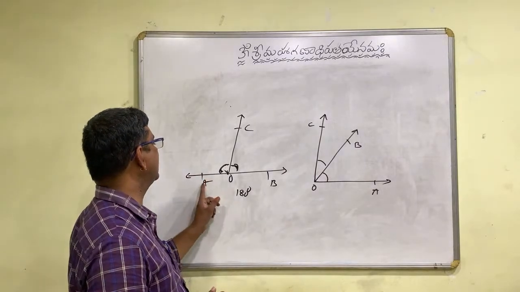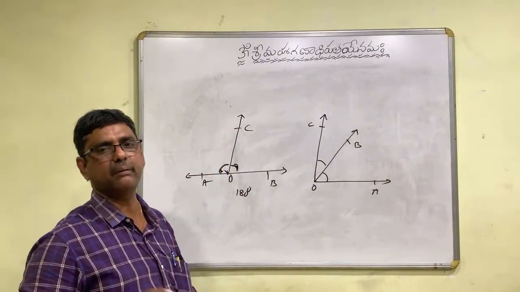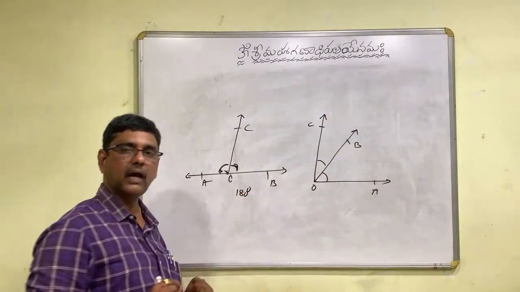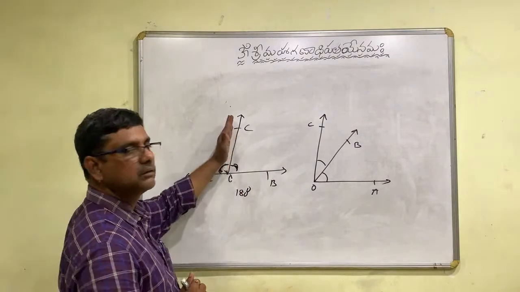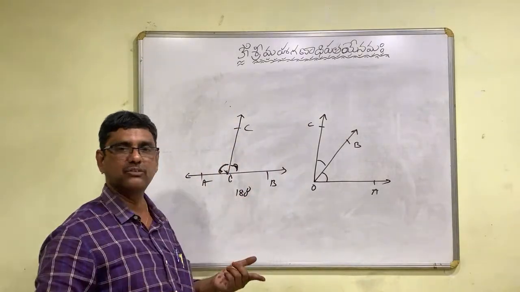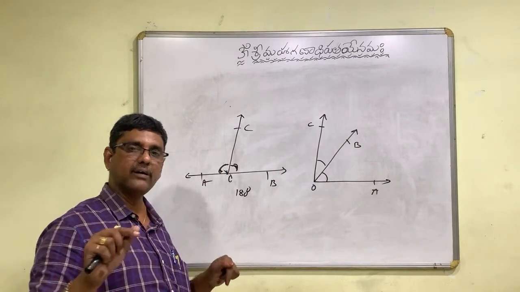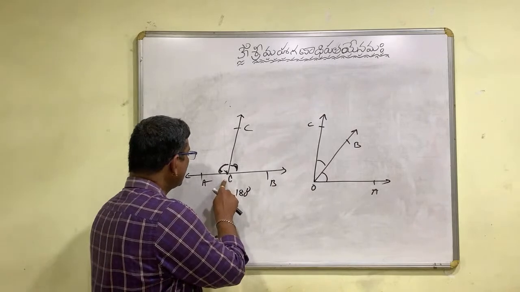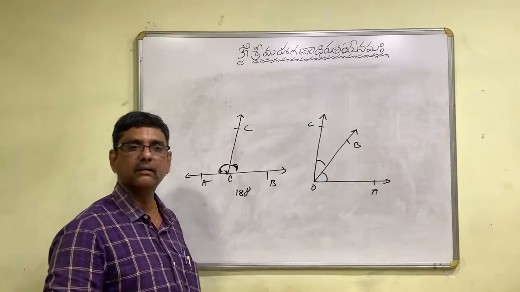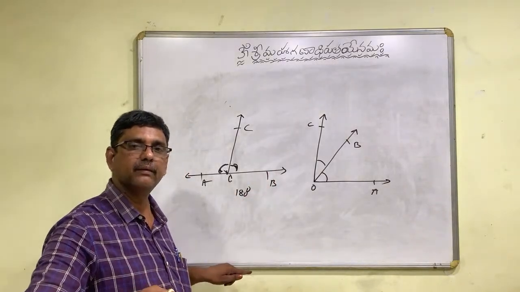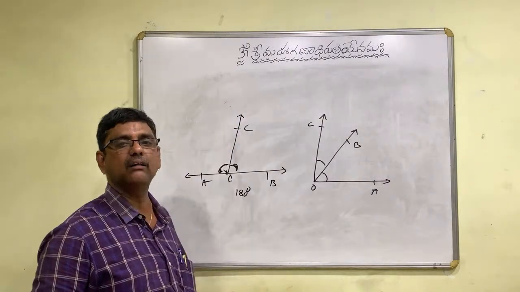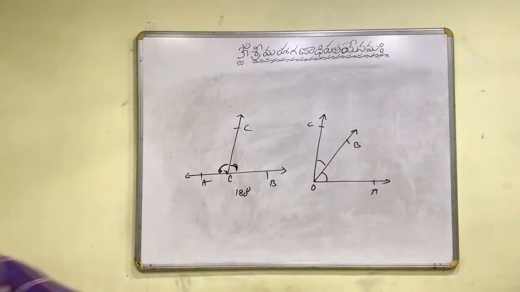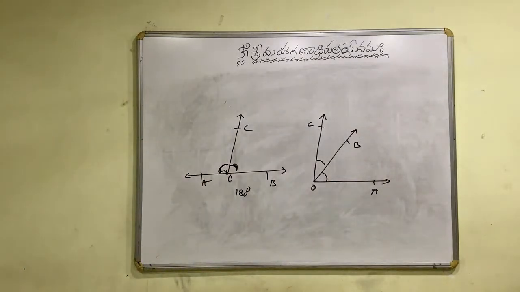And you can say that angle AOC and BOC are adjacent because they have a common arm. OA, OB are non-common arms, and this common arm lies in between non-common arms. Moreover, here what you have to observe is these non-common arms, OA, OB, they are forming a straight line, and the common arm is standing on the straight line. In such a case, those two adjacent angles are called linear pair of angles.